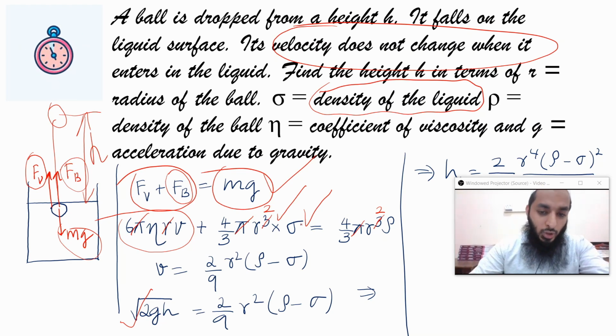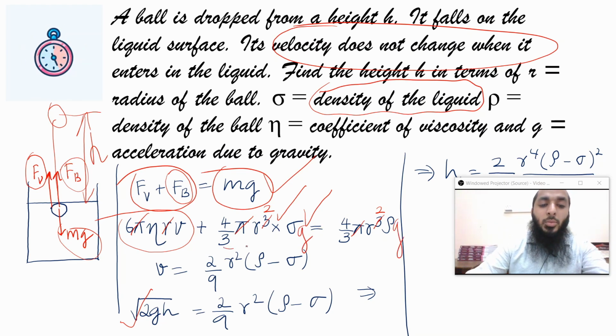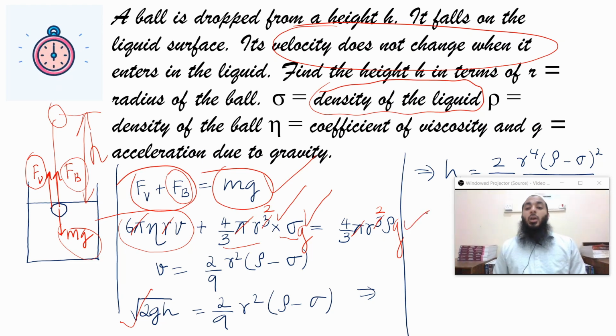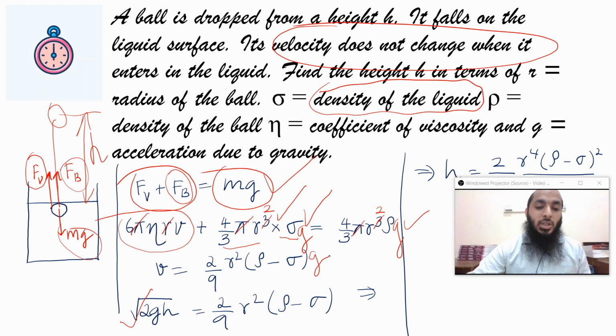Wait, I forgot to multiply g over here because I've just written mass. Volume into density is mass. So acceleration due to gravity should also be multiplied to get the weight. Weight is the force over here. Okay, so again here also there will be a g.